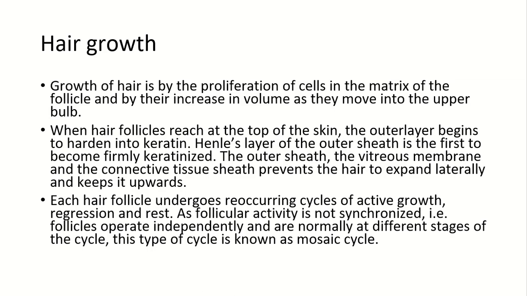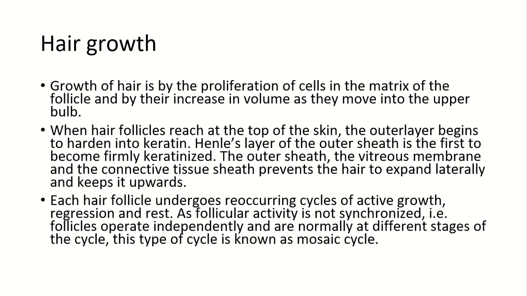Hair growth. Growth of hair is by proliferation of cells in the matrix of the follicle. The more the cells, the more will be its growth, and by the increase in volume as they move into the upper bulb. When the hair follicle reaches the top of the skin, the outer layer begins to harden into keratin.